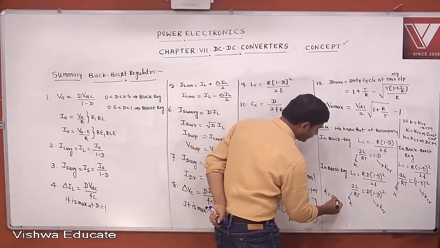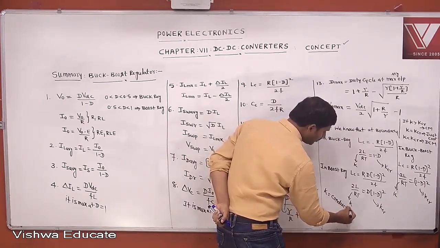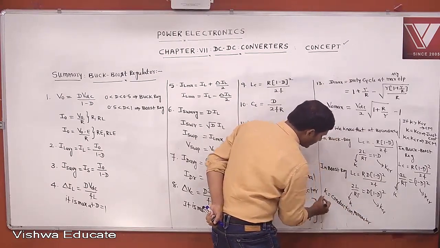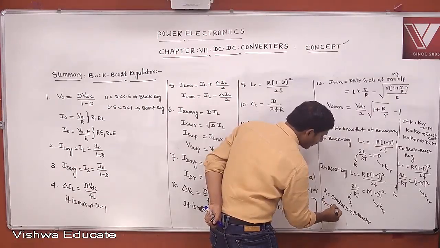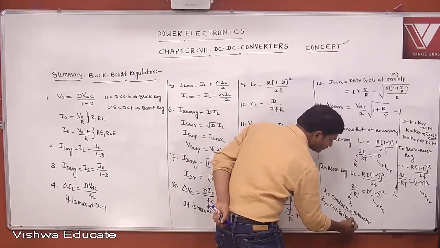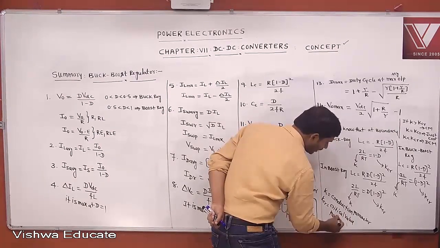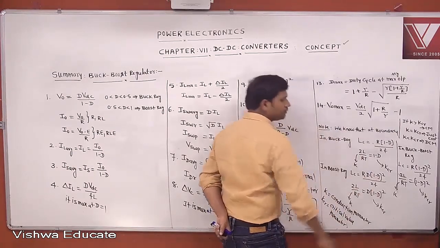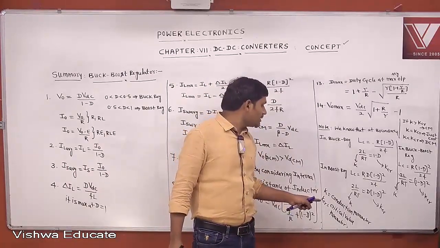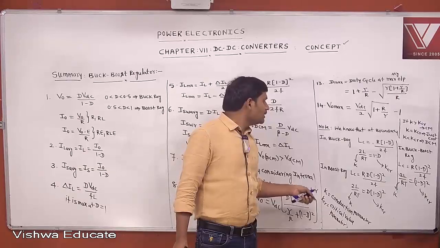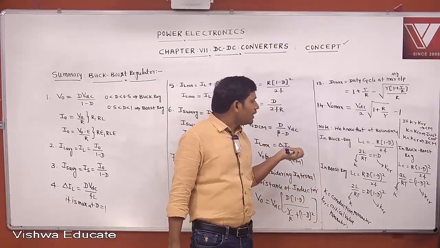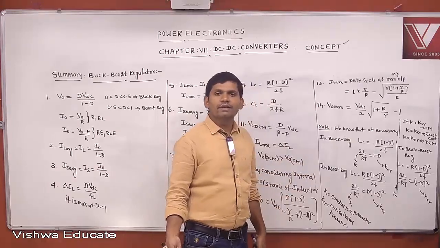The conduction parameter, some constant we are assuming. What is KCR? The critical value of the parameter. If the conduction parameter is greater than the critical value, it is continuous mode. If it is less, it is discontinuous. If K equals KCR, it is just continuous.